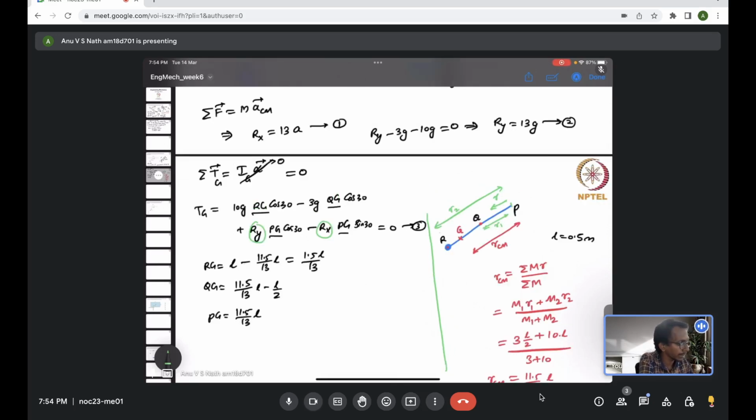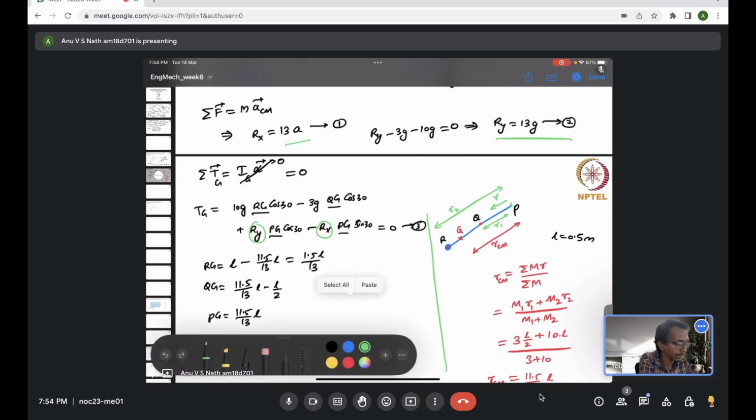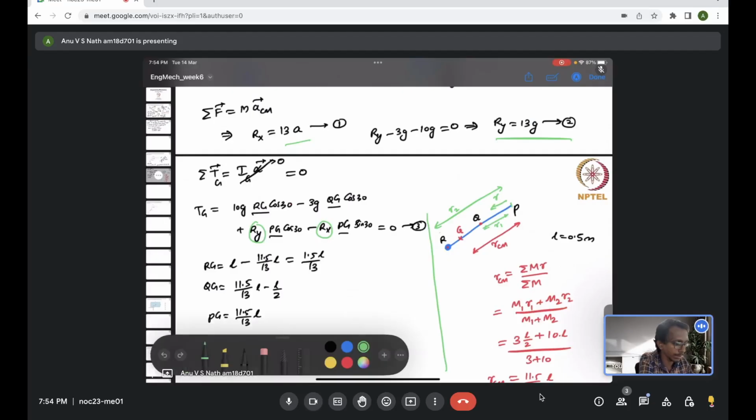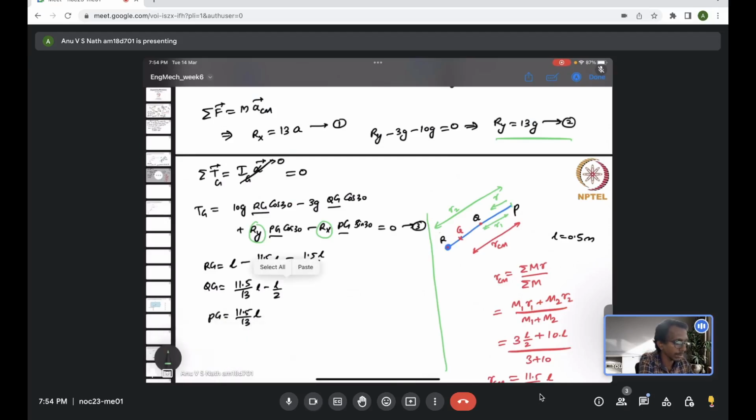And you can see Ry will be evaluated from the second equation. So Ry is also known. Now the only unknown is Rx, and Rx along with equation 1 we can solve. So you will be able to solve for Rx and A simultaneously from equations 3 and 1 after substituting equation 2 in 3.